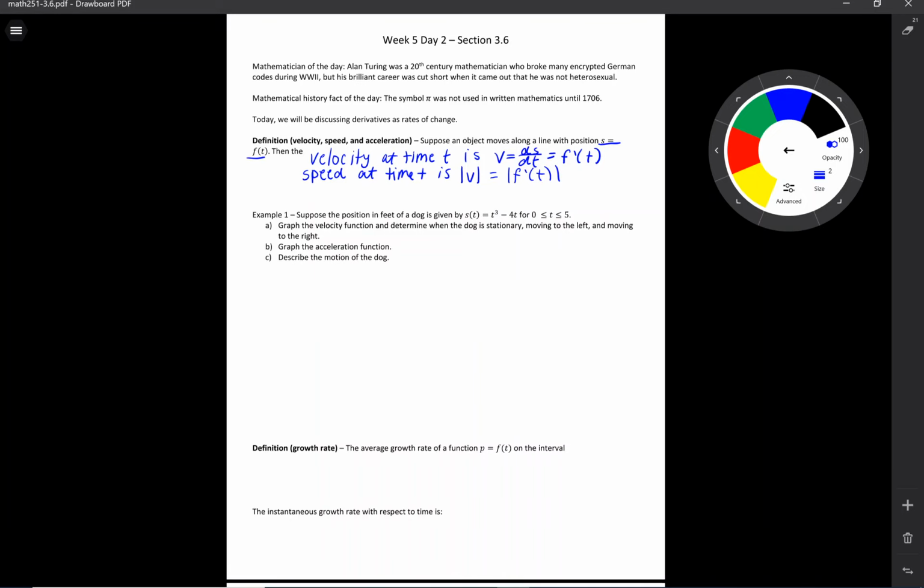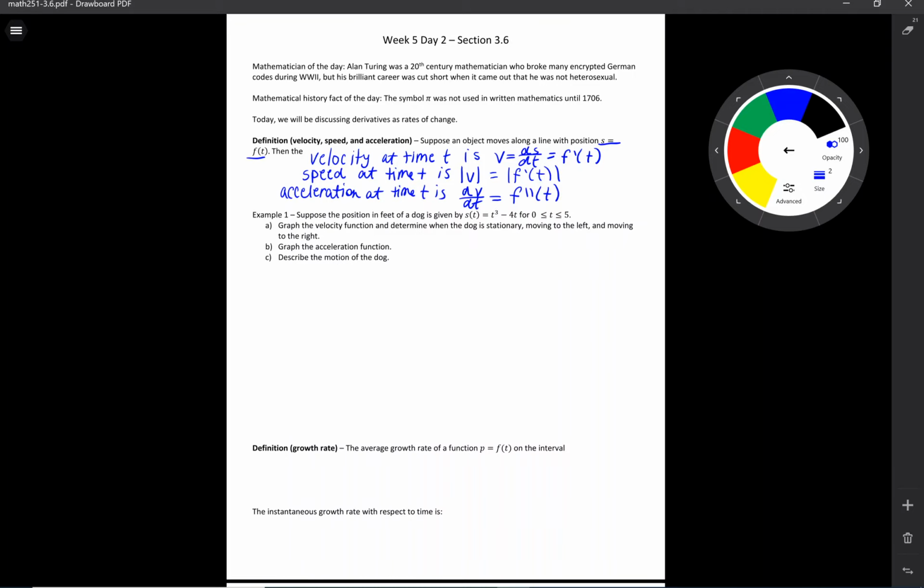And the acceleration of the object at time t is the derivative of the velocity. So this is the same thing as f double prime of t. So if I have a position function and I take the first derivative, that is the velocity. And then if I take the second derivative, that is acceleration.